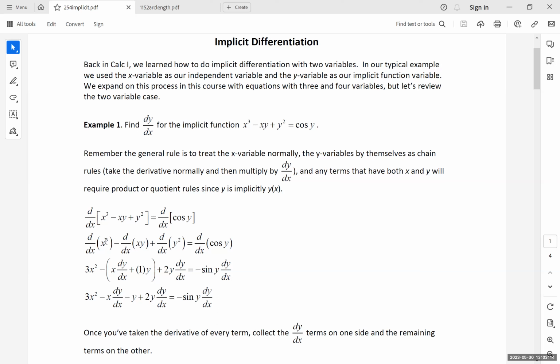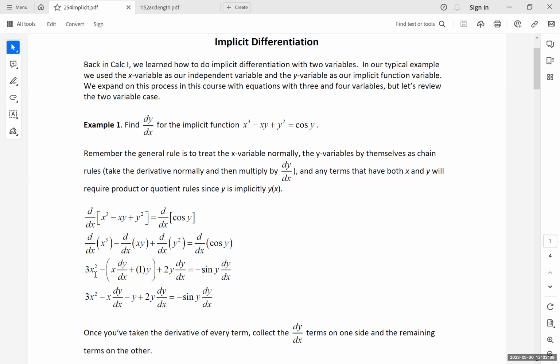So I want to take my derivative of x cubed, of x times y, of y squared, and of cosine y. Some of these are going to be simple, and some of them will be a little bit more complicated. The first thing is the derivative of x cubed with respect to x is very easy.